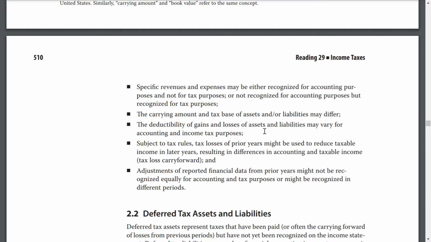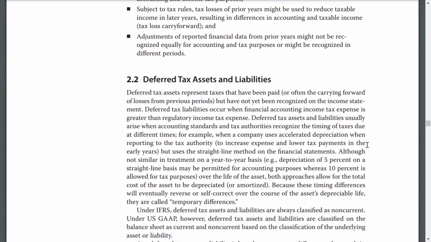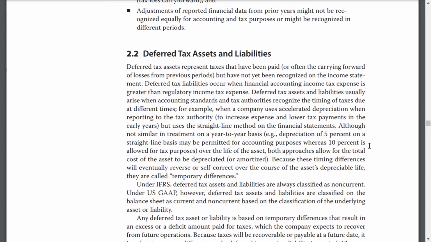Subject to tax rules, tax losses in previous years might be used to reduce taxable income in later years, resulting in differences in accounting and taxable income. Adjustments of reported financial data from prior years might not be recognized equally for accounting and tax purposes, or might be recognized in different periods, giving rise to deferred tax assets and liabilities.